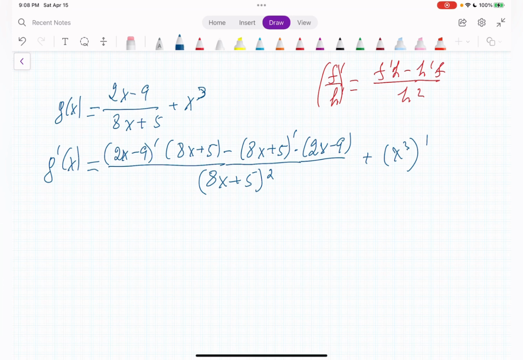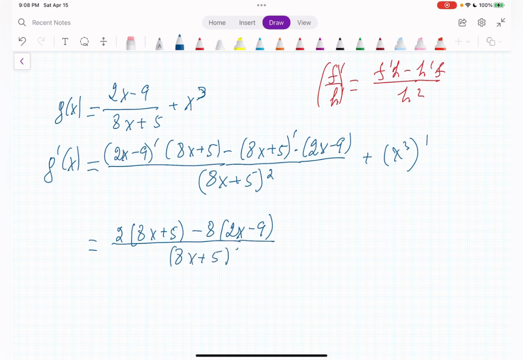So we have the derivative of 2x is 2, minus 9 is 0, times 8x plus 5, and then minus the derivative of 8x is 8, the derivative of 5 is 0, times 2x minus 9. Here we have 8x plus 5 squared, and plus the derivative of x cubed, which is 3x squared.